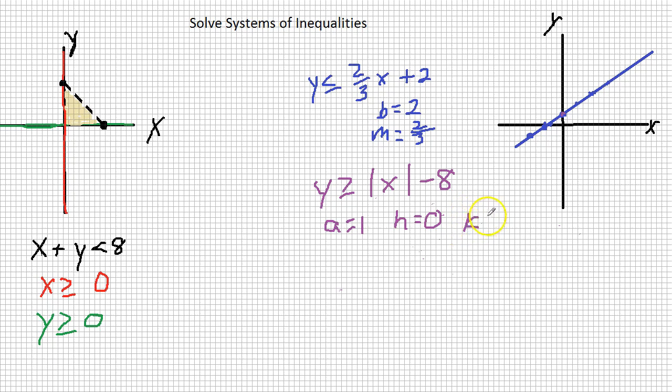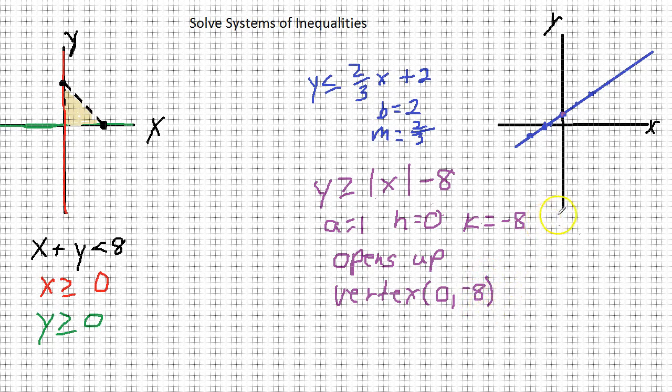And k is -8. Because a is positive, this opens up. And our vertex is always h comma k. Well, h is 0, k is -8.